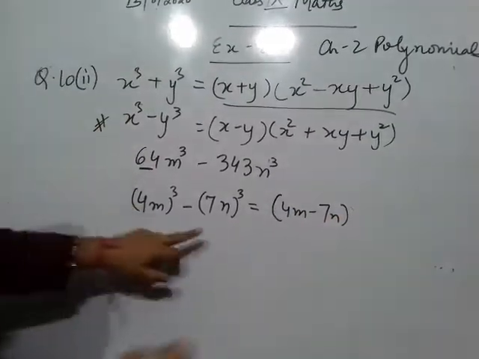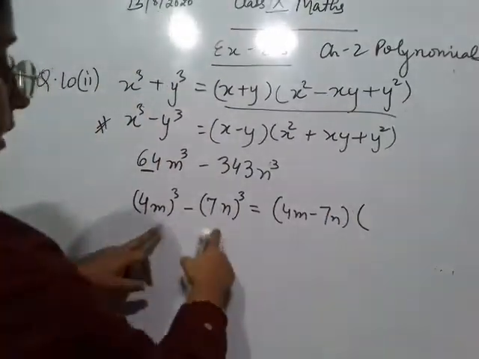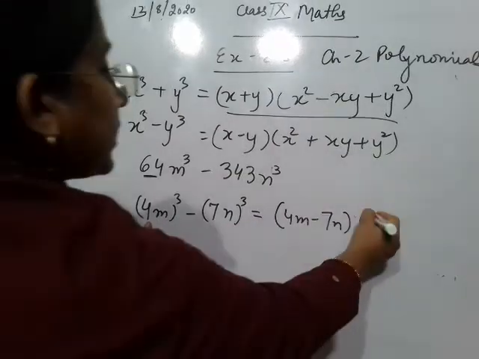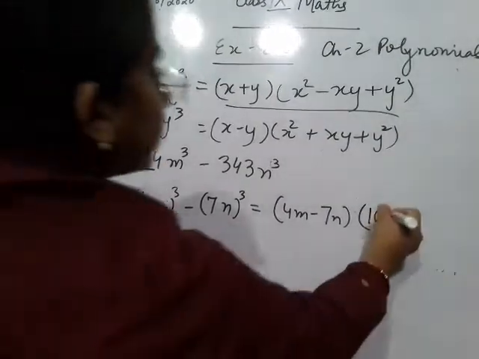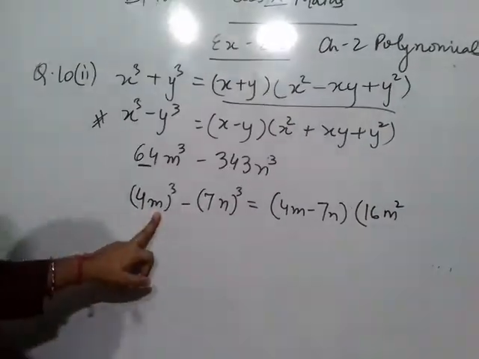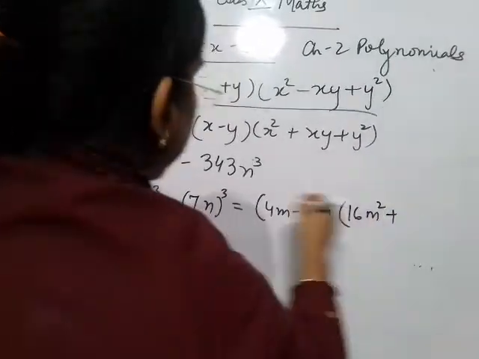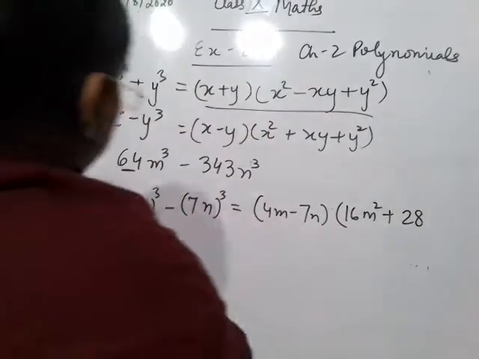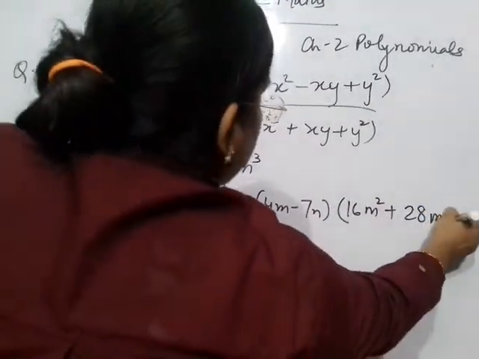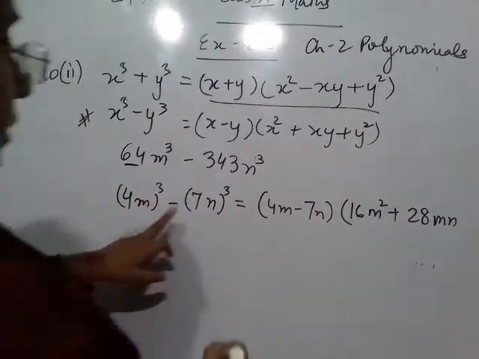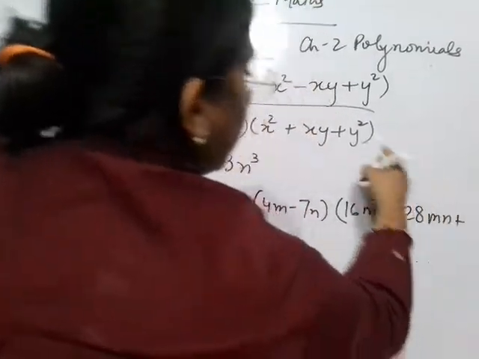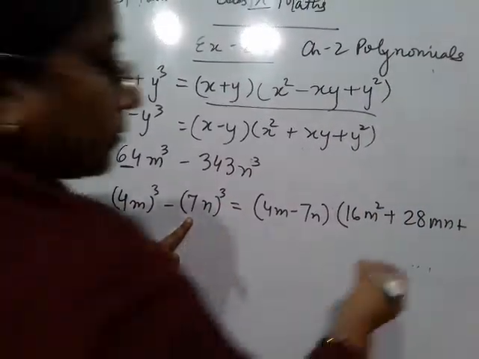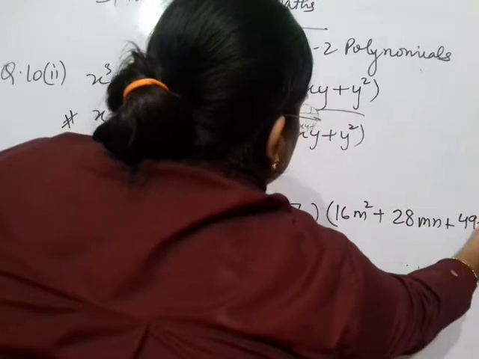Then x square, that means the square of this one. 4 square is 16 and m is n square, plus x into y, 4 sevens are 28, mn. Don't forget to write the variables with the numbers. Then plus y square means (7n) square, 7 sevens are 49 and n square.